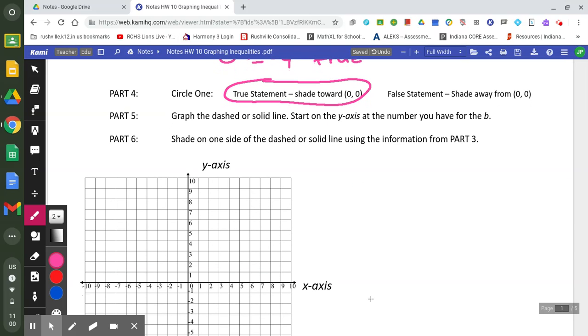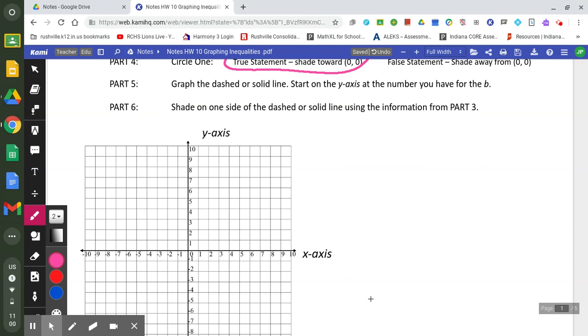So then part 5 is we're going to graph our dashed or solid line, which our inequality, I'm just going to rewrite it over here, was y is greater than or equal to x minus 4. So I know I'm going to have a solid line. And I'm going to start graphing at the b, which is my -4. So I start at -4. And then my slope, or my m, was 1 over 1.